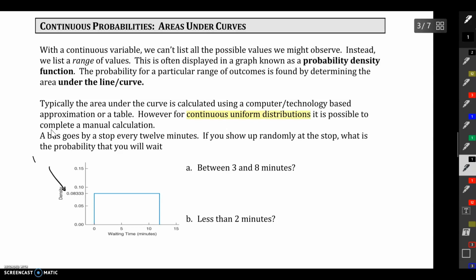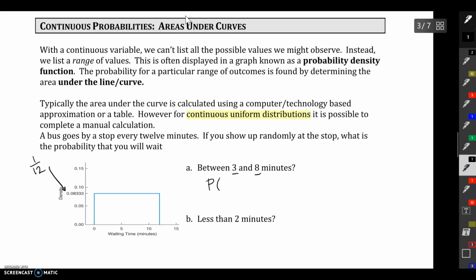Well, because the total area, the total probability between 0 and 12 minutes has to add up to 1, then the height is given by 1 over whatever the total range is. So in this case, it's 1 over 12, which turns out to be 0.0833.